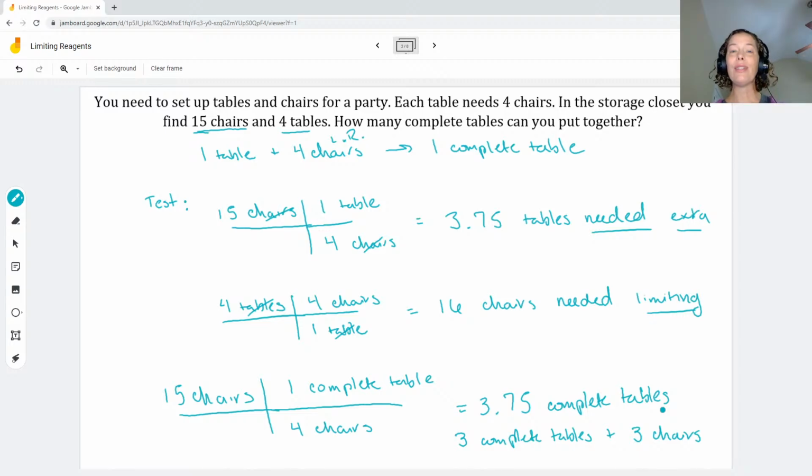So that is how we test for our limiting reagent, which one of our 2 items in this case is going to run out first. And then we predicted products. So we know which one's going to run out first, so let's use that one to predict how much of our product we can actually make. And actually, we calculated our excess as well, which we're not going to do in this live stream. Okay. All right, so good.